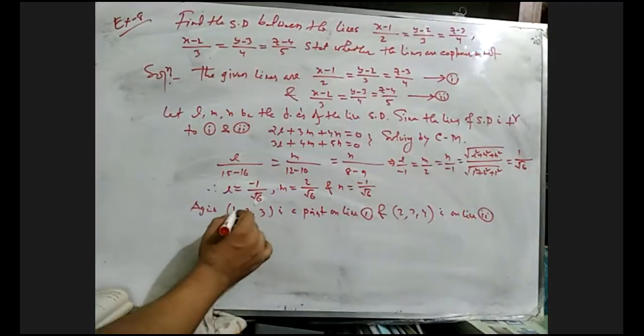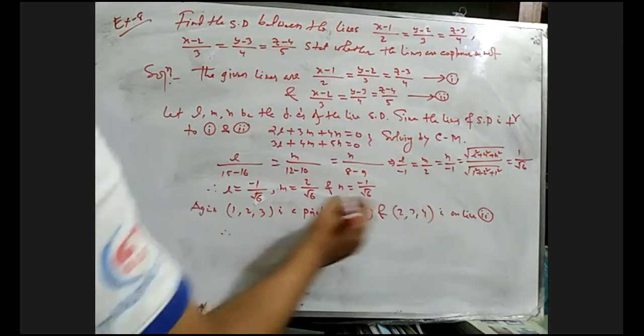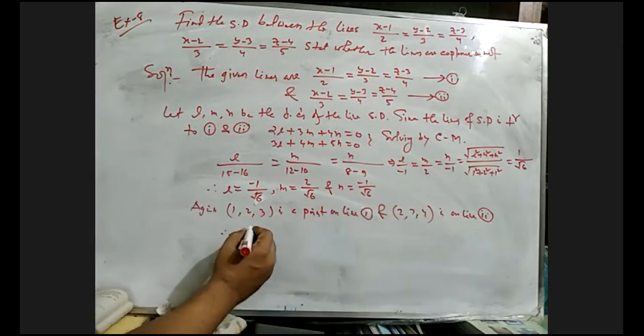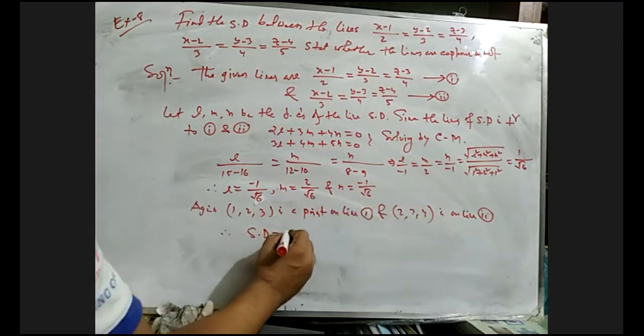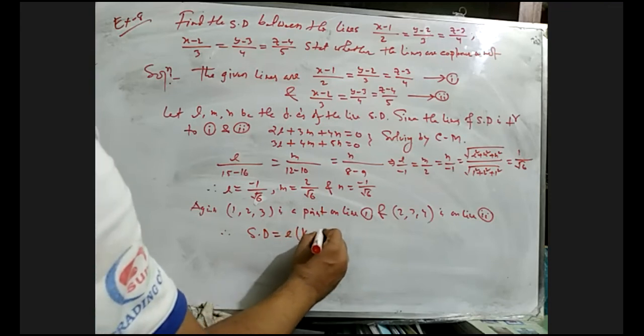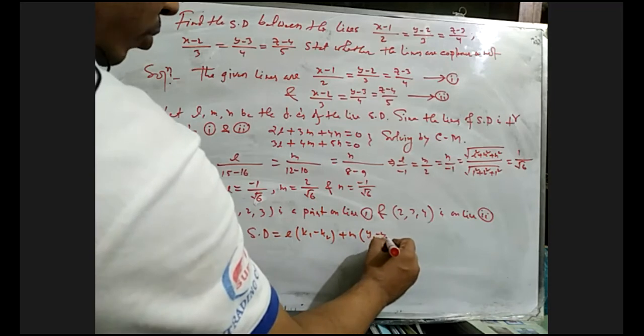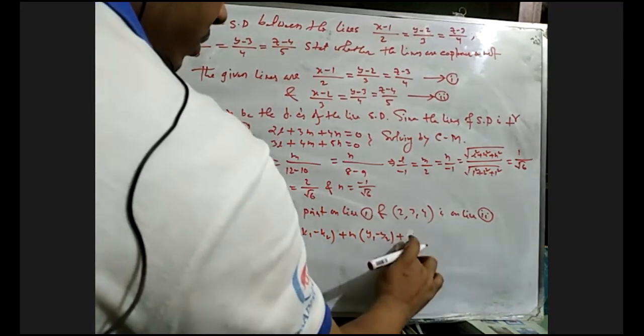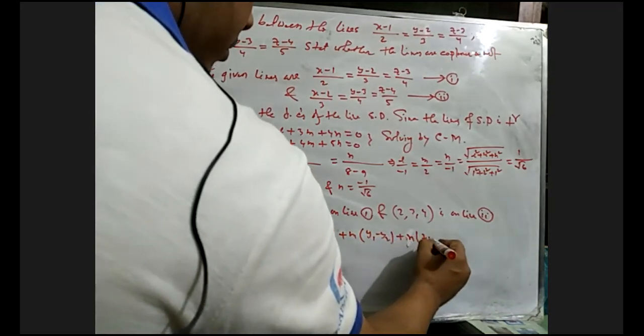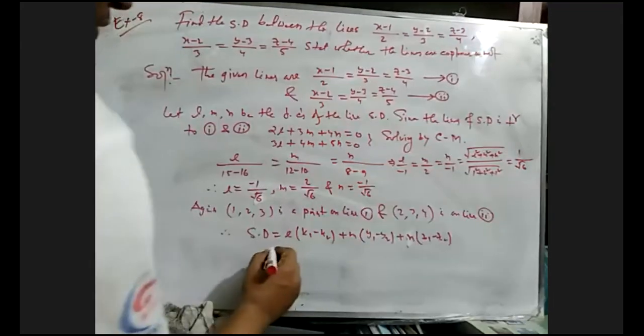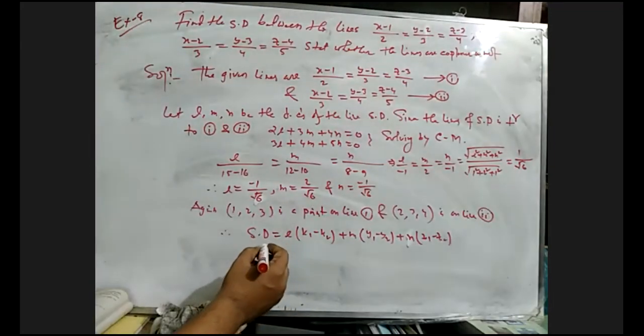So this is x1, y1, z1, and this is x2, y2, z2. So the length of the shortest distance will be l into (x1 minus x2) plus m into (y1 minus y2) plus n into (z1 minus z2).